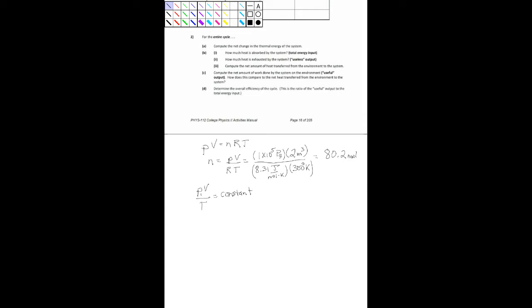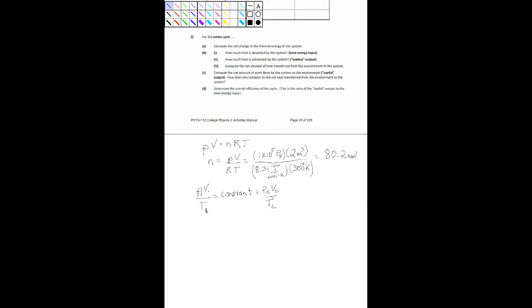So if we look at pressure 1, volume 1, and temperature 1, they're going to equal the pressure at another state times the volume at that other state over the temperature at that other state. And so we can use this equation here to figure out various quantities. For example, as we move from state A to state B, we keep the volume constant.